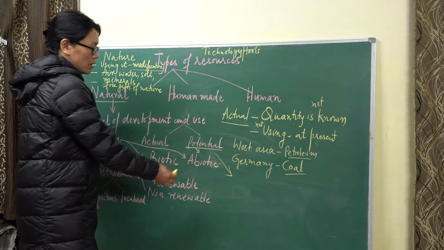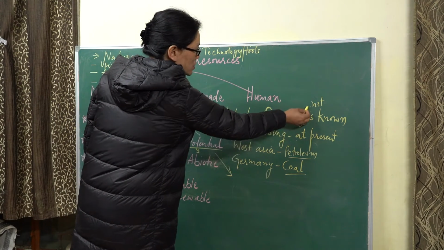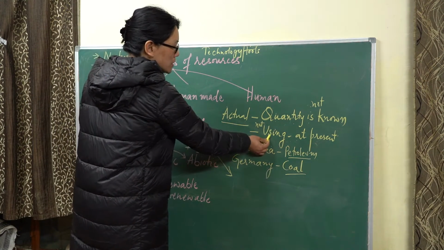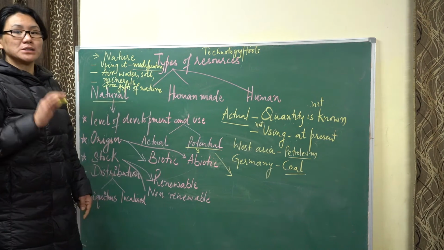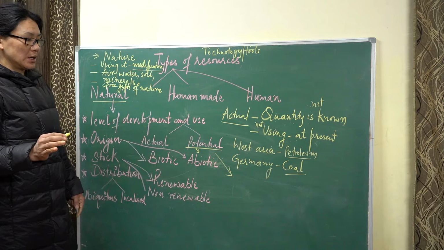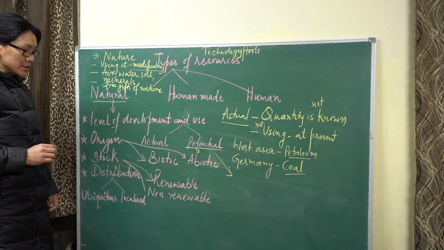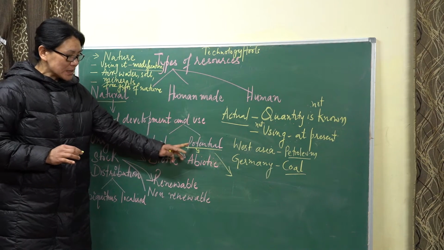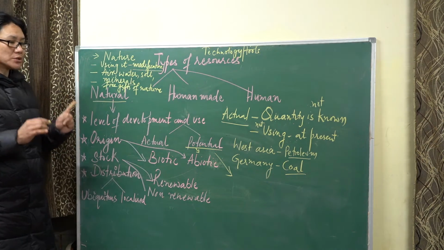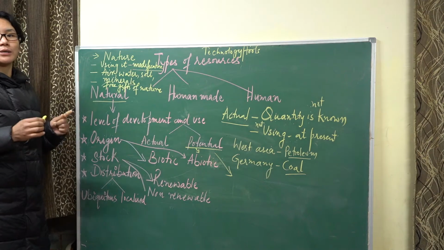So I repeat, potential resources are those resources whose quantity we don't know, how much we have. And we are not using such resources at present, but in future, these resources can be used. Is that clear? Now, there is a question. Why are we not using potential resources at present? What is the reason behind it?